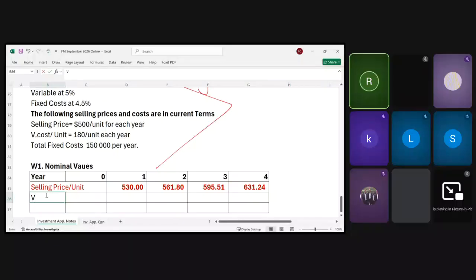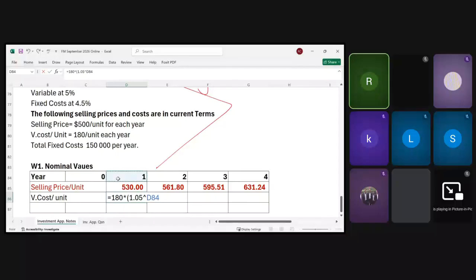I do the same for variable costs. Variable cost per unit. So I'm going to inflate my variable cost at 5% now, which is specific, equals $180 times open bracket 1.05 to the power. Shift 6 is your power.